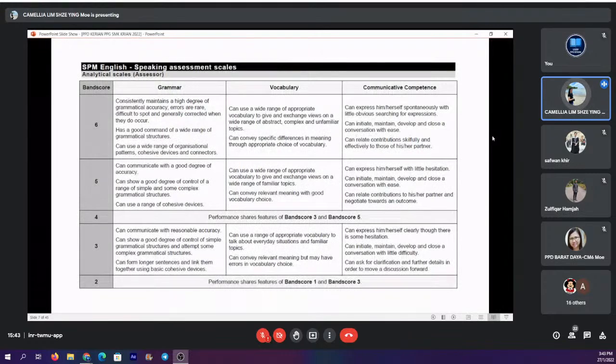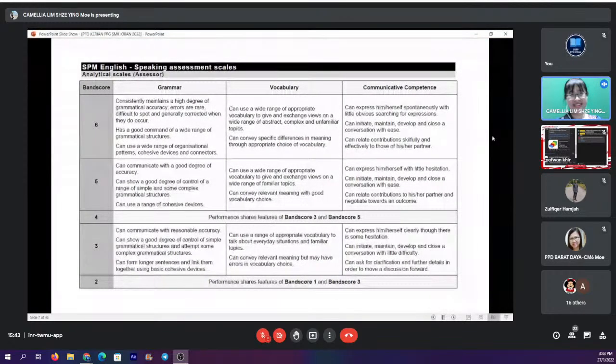This is the assessment skills for assessor. Teachers, if you can see, the assessors will have a harder time to score them, because there are 3 categories here: the grammar part, the vocabulary part, as well as the communicative competence.